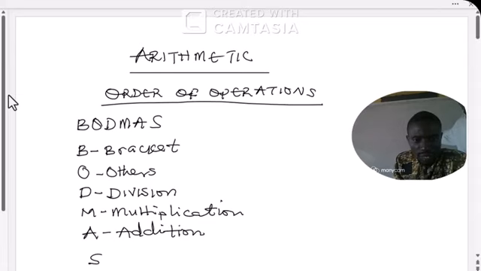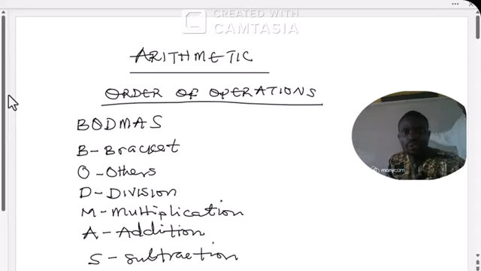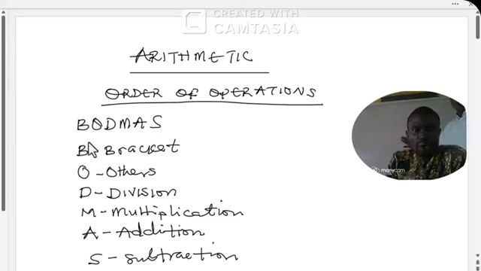Then the last one is S, which is subtraction. So anytime you want to carry out a mathematical operation, it must be in this order. We have B for brackets, O for orders, D for division, M for multiplication, A for addition, and S for subtraction.